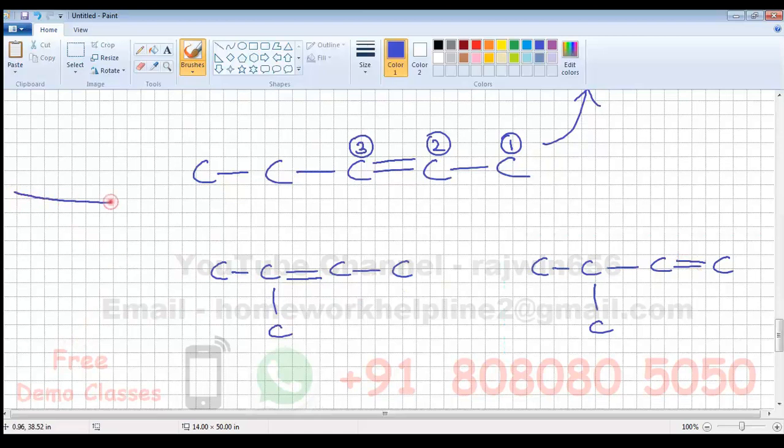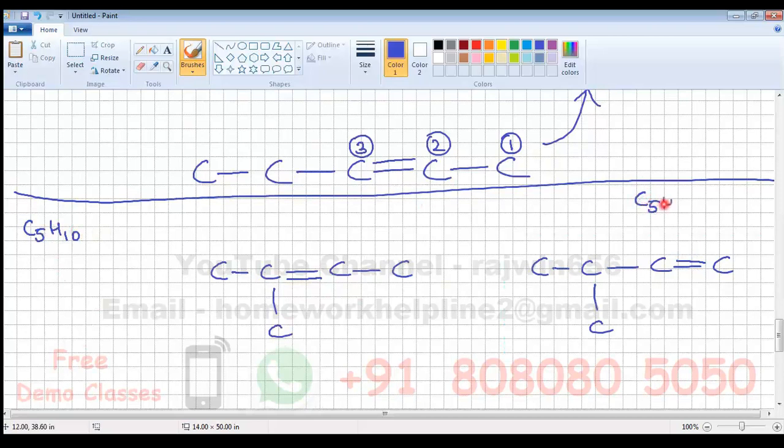See here, the molecular formula is going to be C5H10 in both the cases. But here, there is branching of carbon atoms and the double bond is also located at different places. What will be the IUPAC name of this compound?